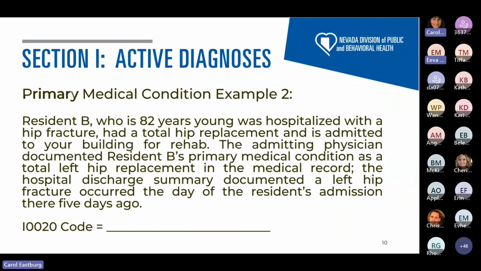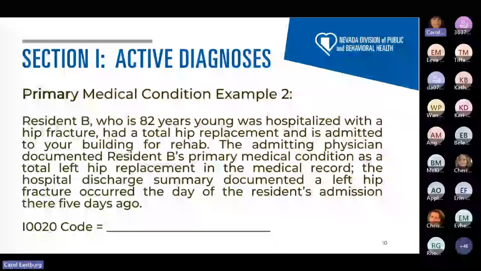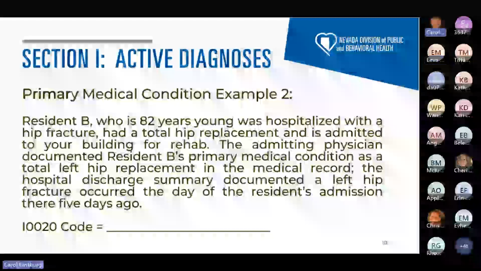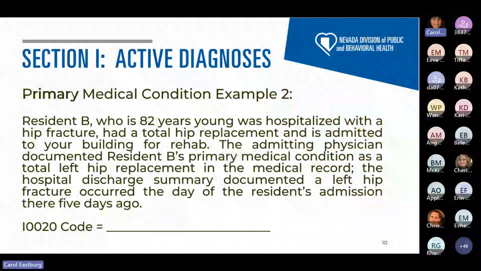In this second example, resident B was hospitalized for a displaced articular fracture of the left femur head. They underwent a total hip replacement and is now being admitted for rehabilitation. The admitting physician documents that resident B's primary medical condition is a total hip replacement in the medical record.